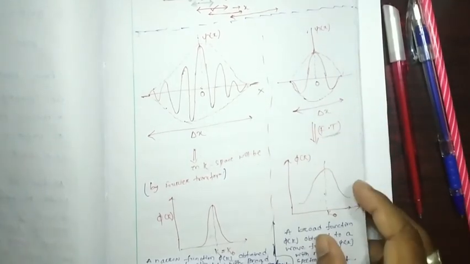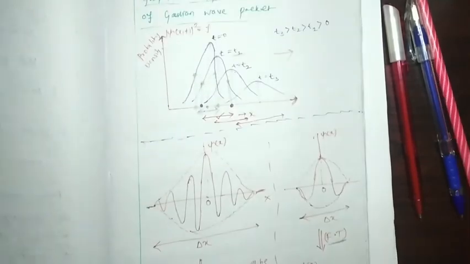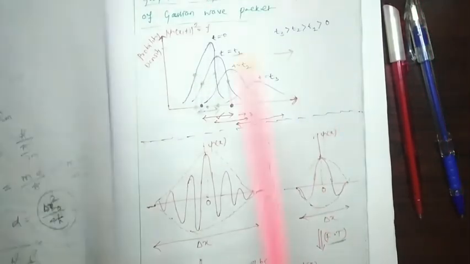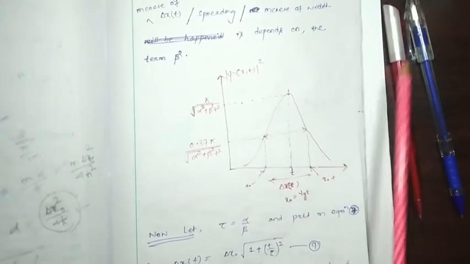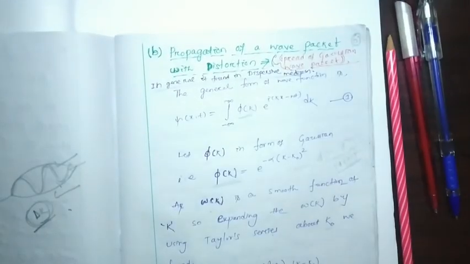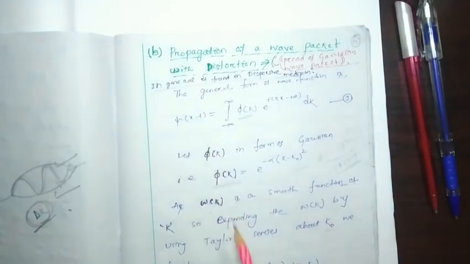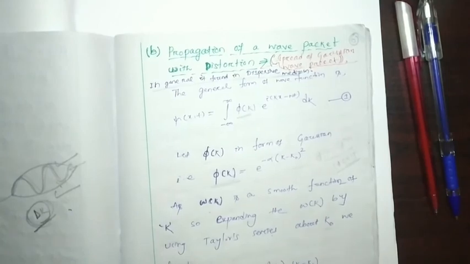Okay, now I suggest one thing: suppose in your exam you are asked to write the spreading of a Gaussian wave packet. From B you have to start, and I suggest that you squeeze the mathematical derivations as much as possible.